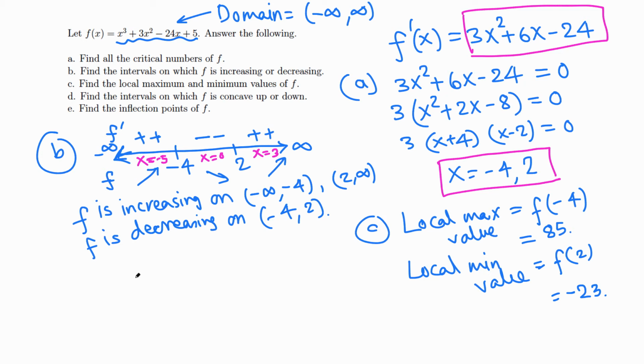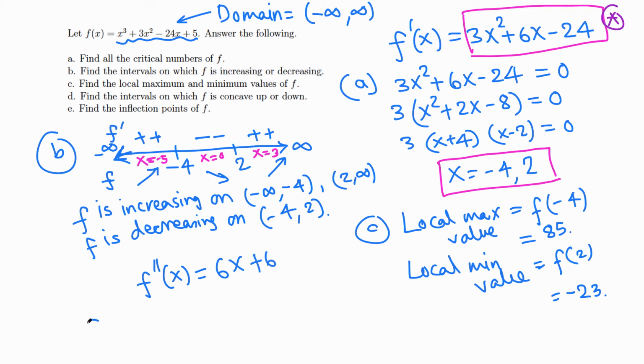So let's find the second derivative, and then we can answer D and E. Just find the derivative of this first derivative: 3x squared gives 6x, plus 6.